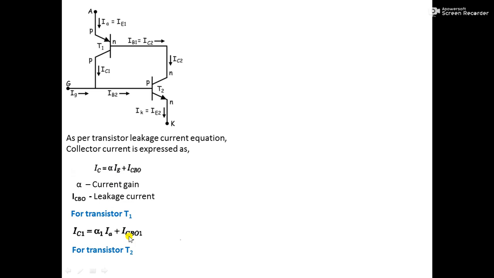Similarly, for transistor 2 we will have collector current IC2 is equal to current gain alpha 2, which is the current gain of second transistor. In place of emitter current we have taken IK, because IE2 is equal to IK, plus ICBO2, which is leakage current of second transistor. So these are the collector current expressions for transistor T1 and transistor T2.